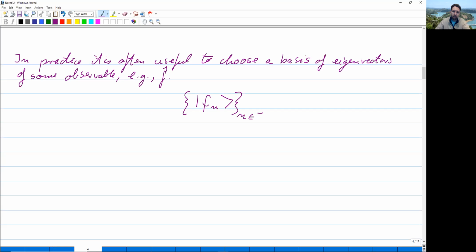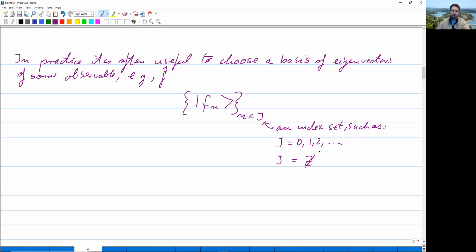So this would be an index set such as, the index set could be, for example, 0, 1, 2, and so on. But the index set could also be, I don't know, all integers, for example, positive and negative integers.